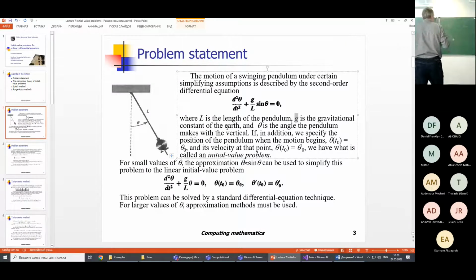Velocity from the mathematical point of view is a derivative. Theta prime equals some theta 0 prime. So we know the initial angle and we know the initial velocity. So we have the initial value problem for a differential equation.